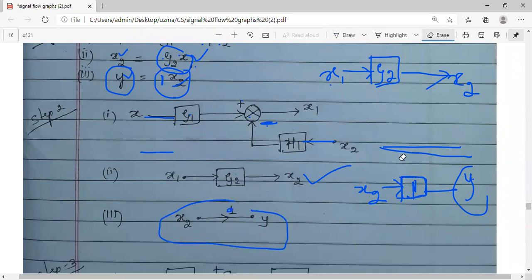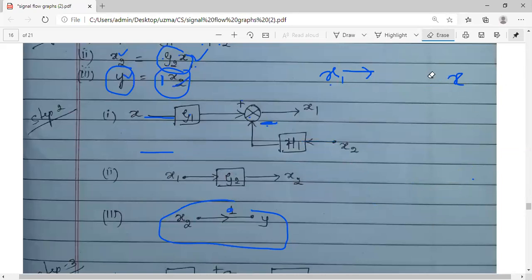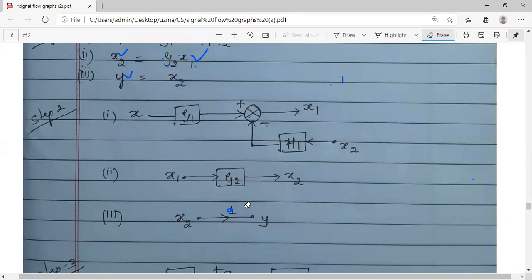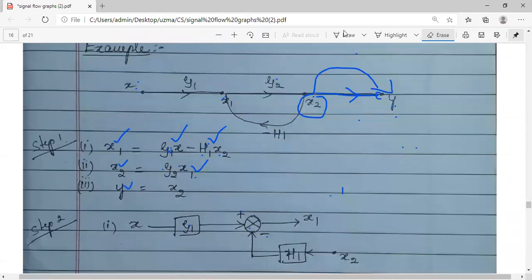Now, what is the final step? So this is your second step. I have drawn for each equation one block diagram. Now the third step is I have to combine all. Okay. So according to your given signal flow graph, x should be at the leftmost, y should be at the rightmost.